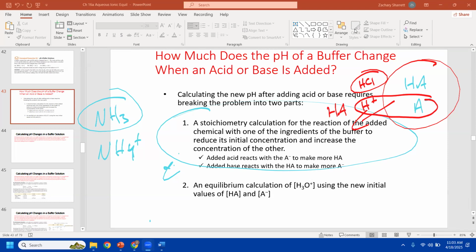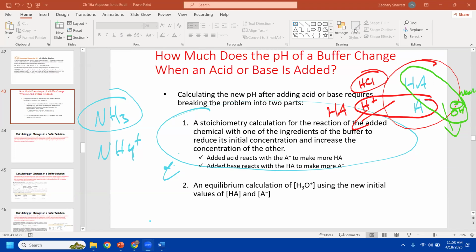What happens if we add sodium hydroxide, which we can think of as just OH minus because the sodium plus is the counter ion? What reacts with this, Bryce? The HA reacts with the OH minus in this case. And basically the HA gives its H plus. So HA lets go of its H plus. Let me use colors.